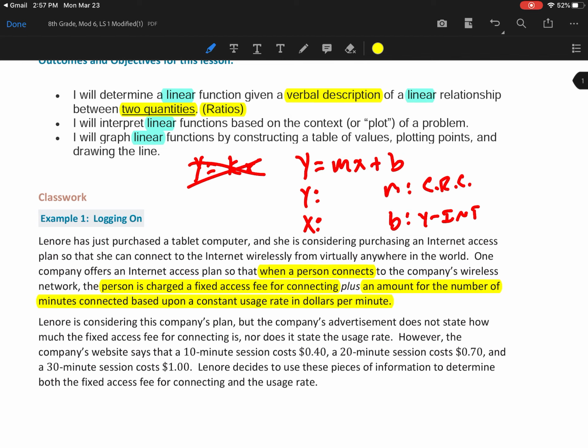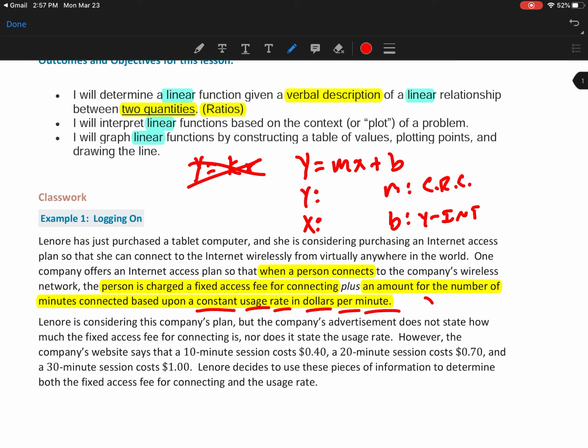This second part, especially, constant usage rate in dollars per minute, is very much ratio language. And that's what we've been focusing on, how when we hear language like that, ratio pops into our head. Okay? And because there's a fixed access fee and because there's a constant usage rate in dollars per minute, we are dealing with y equals mx plus b.